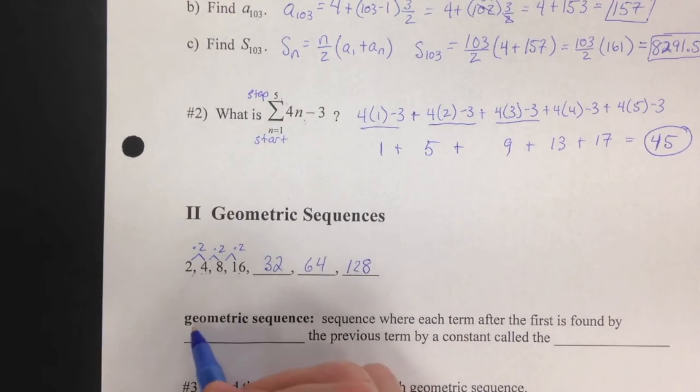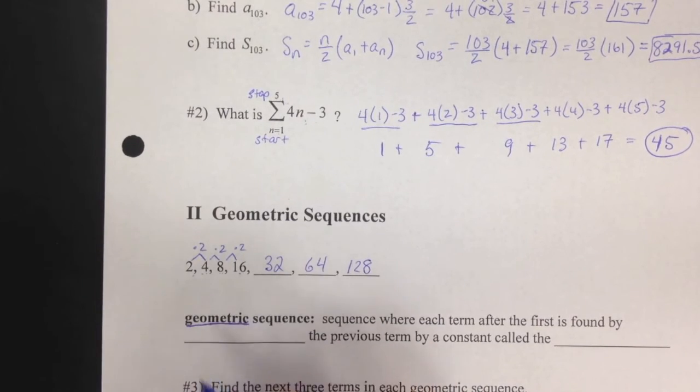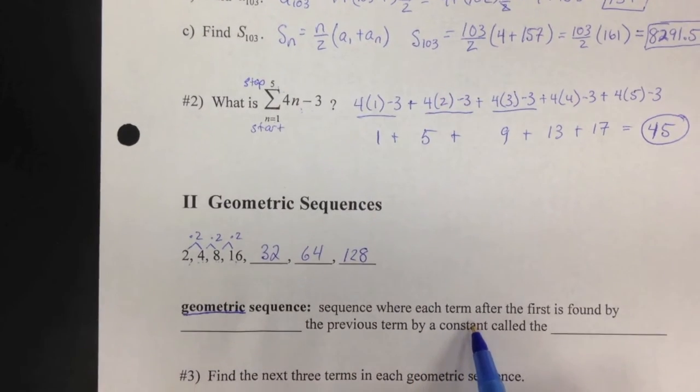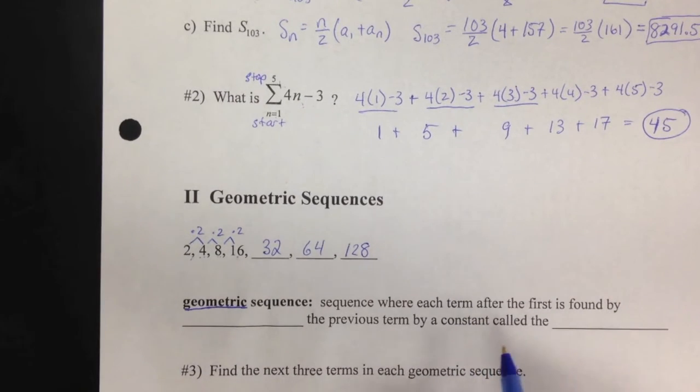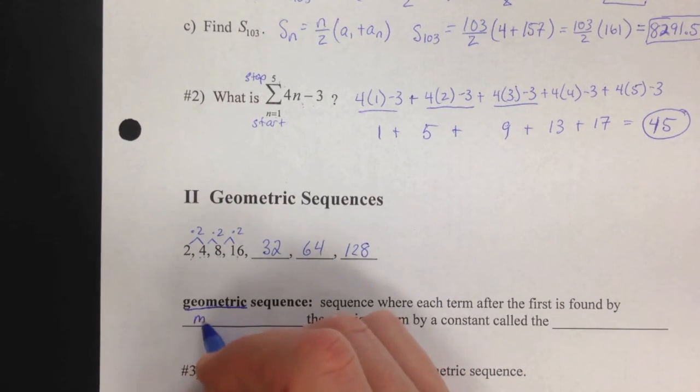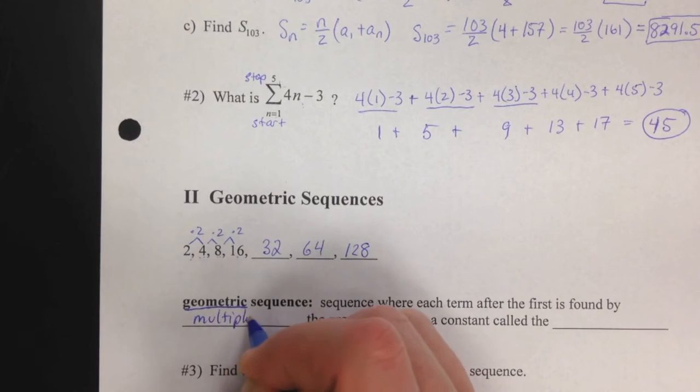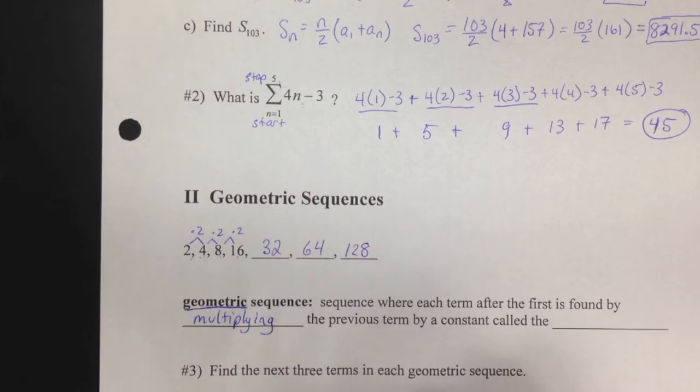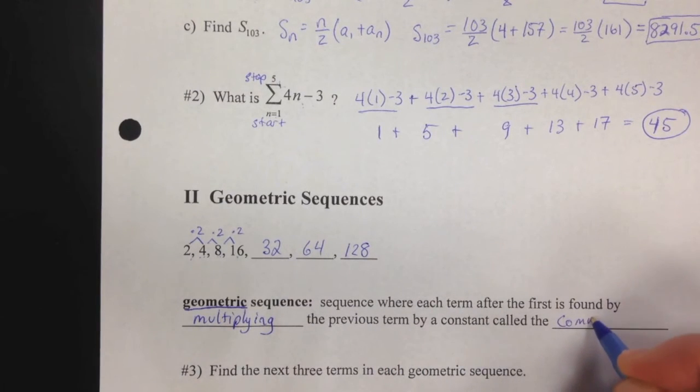This is what we call a geometric sequence. It's a sequence where each term after the first is found by multiplying, not adding or subtracting like arithmetic. We are multiplying the previous term by a constant called the common ratio.